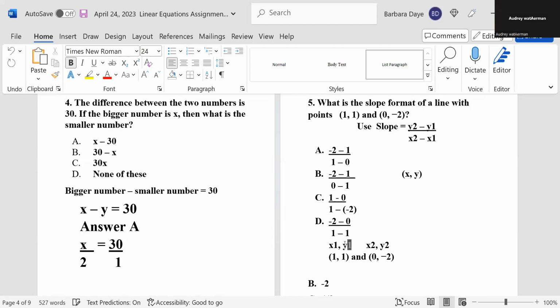So you took the -2 for the Y and -1 for the other Y. This Y2 goes with the X, which is a 0, and then -1. So the answer is what? B. That's right. Answer B.